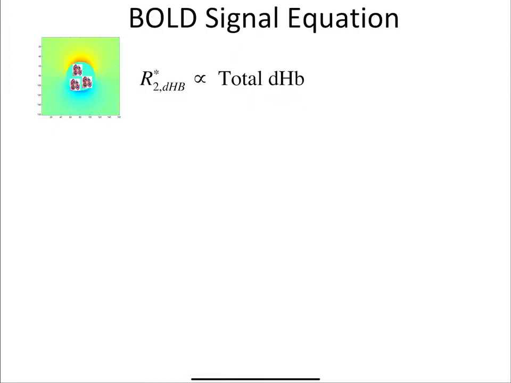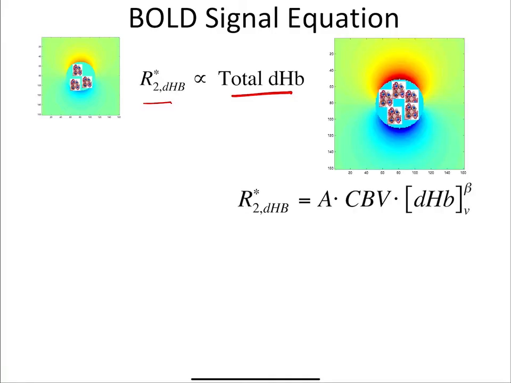Okay. So let's work through some of the BOLD signal equation and some of the factors that matter. R2 star is proportional to how much deoxyhemoglobin is there. And that's related to some physical constants.